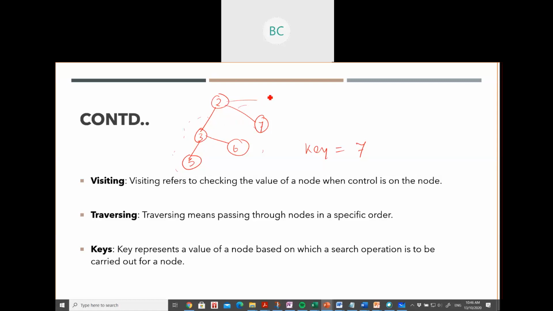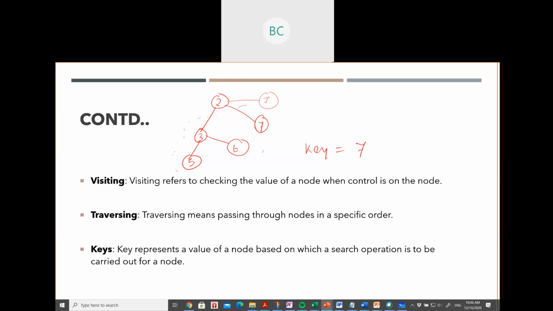There can be other nodes as well. In the case of a general tree, one root node can have two, three, four, any number of children. But the most widely used tree data structure is the binary tree.